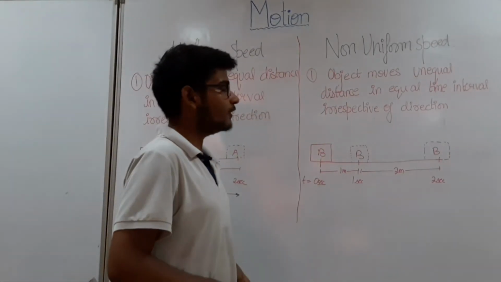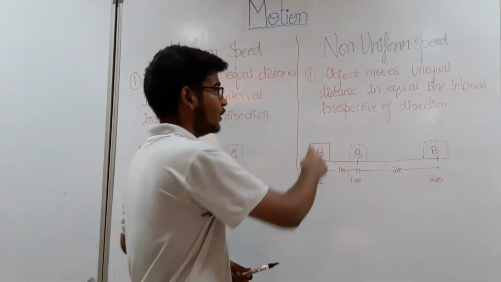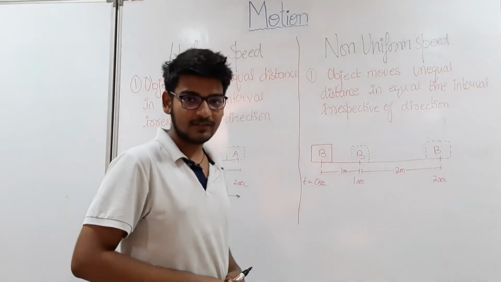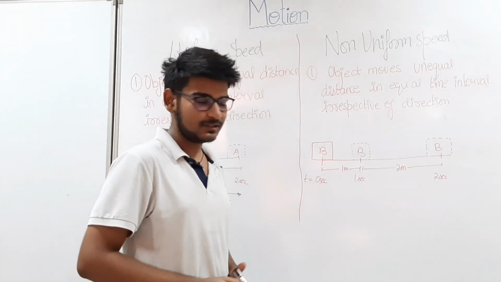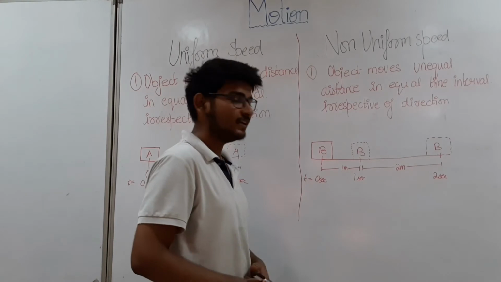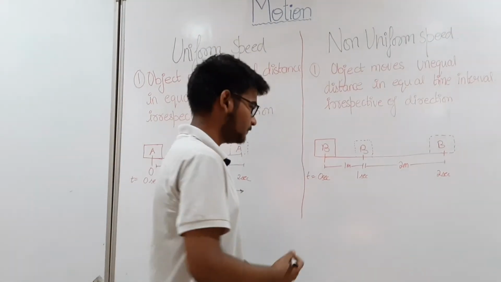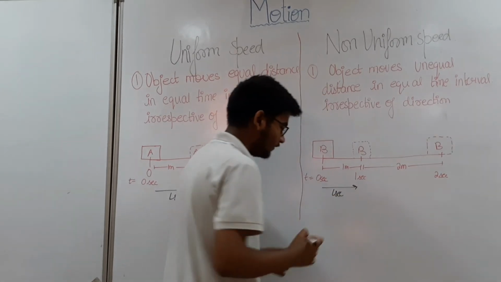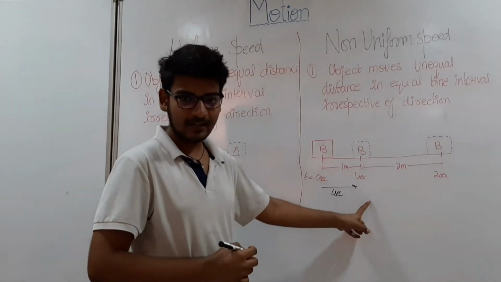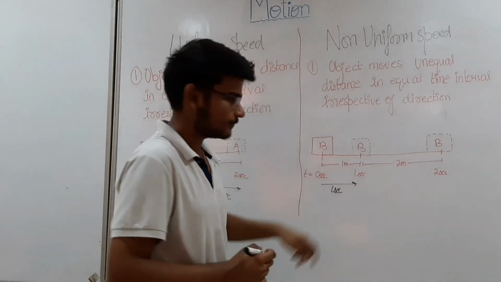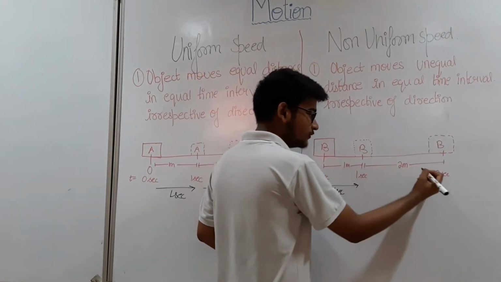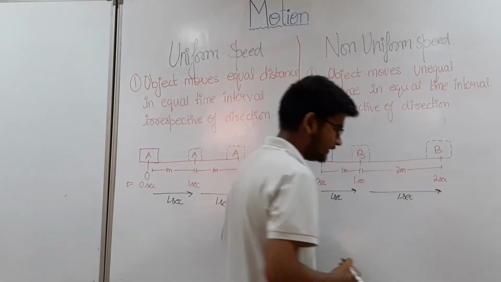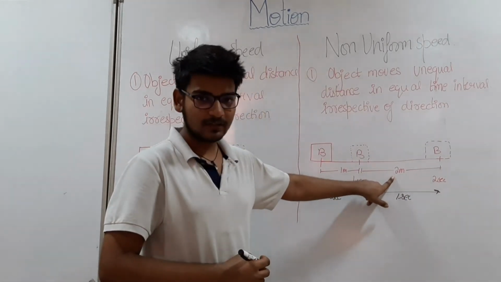Now for non-uniform speed, the condition is that the object moves unequal distance in equal time interval irrespective of direction. So let us see the case of object B. In the time interval of 1 second, from 0 second to 1 second, it has moved 1 meter, while from 1 second to 2 seconds, that is again a time interval of 1 second, it has moved 2 meters.